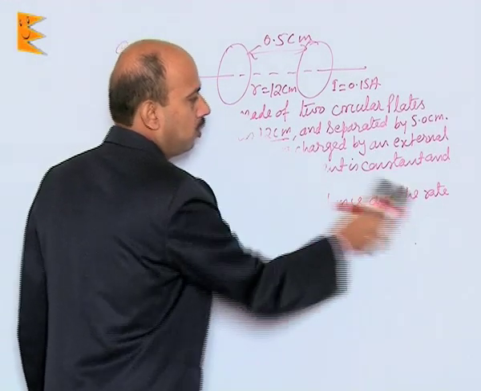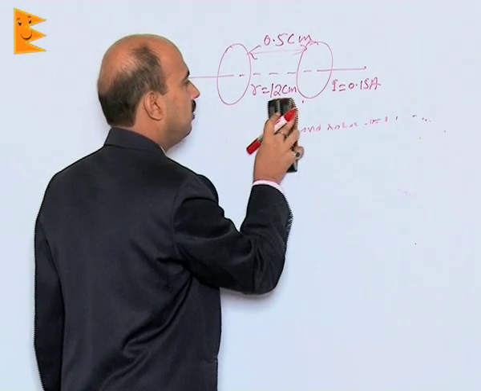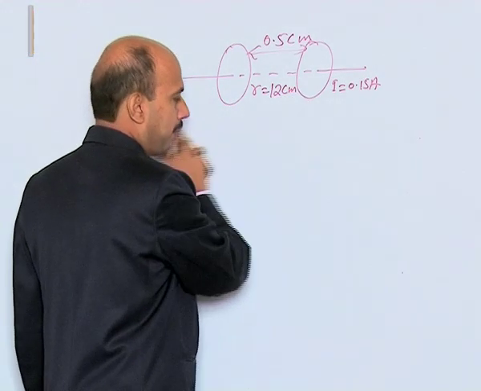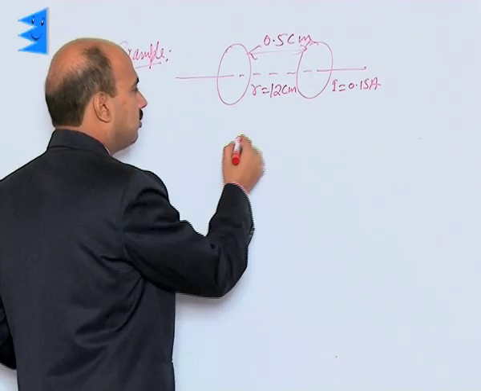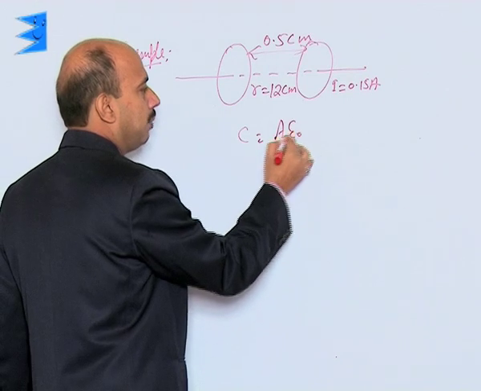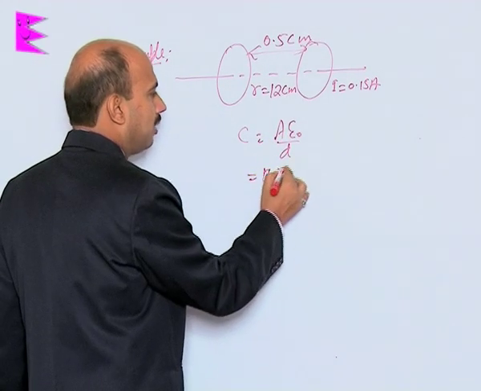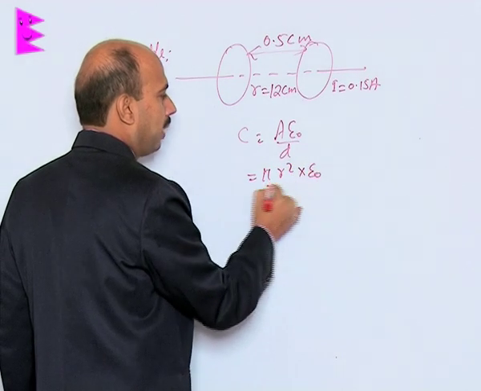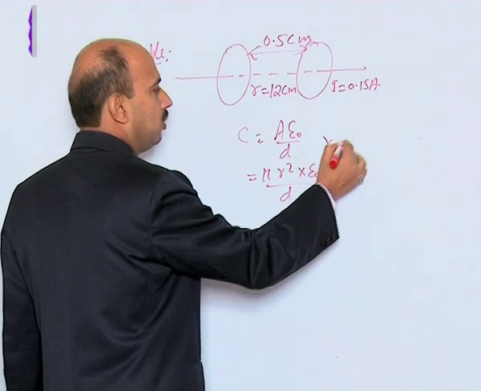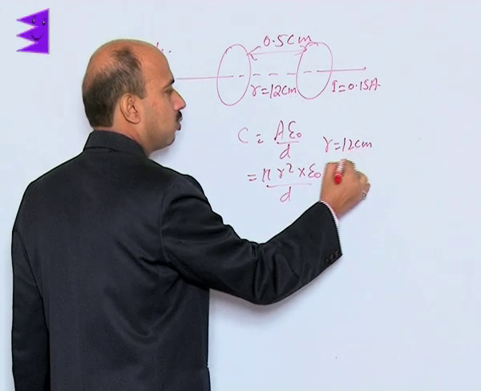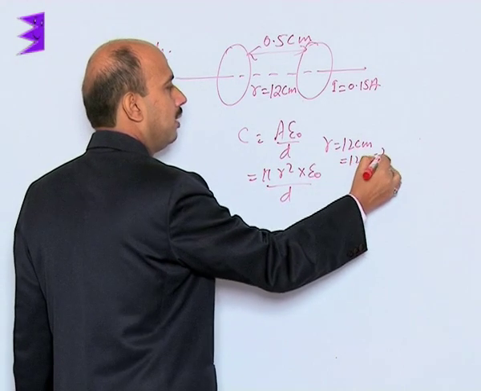So, we know the formula for capacitance for the parallel plate capacitor, that is C is equal to A epsilon by D, and A can be written as pi r square, so C is equal to pi r square epsilon naught by D. R is given to you 12 centimeter, that is 12 into 10 raised to power minus 2 meter.